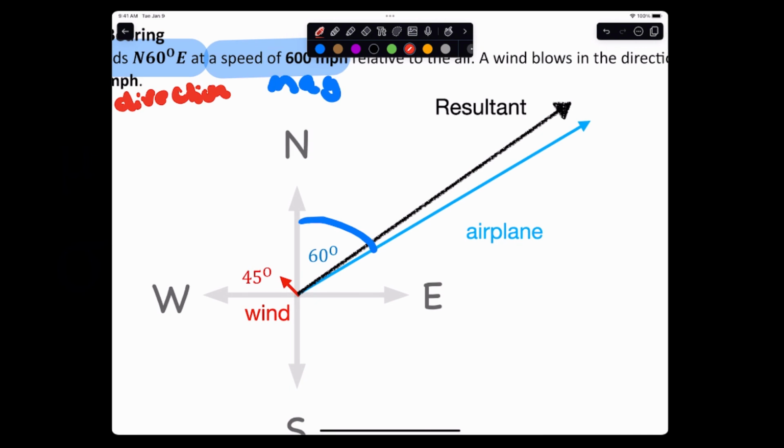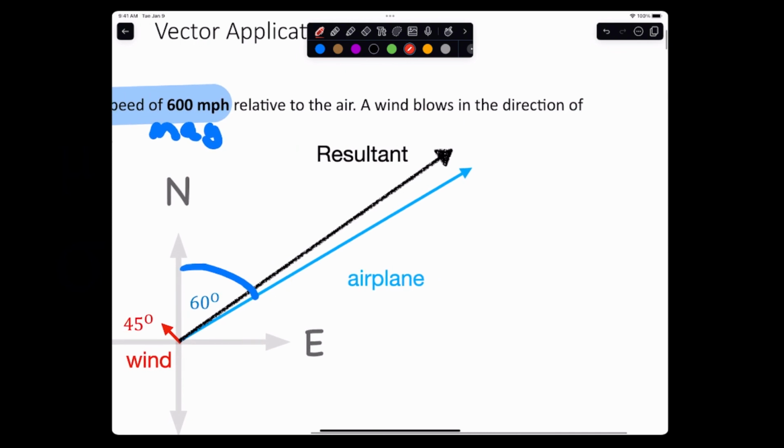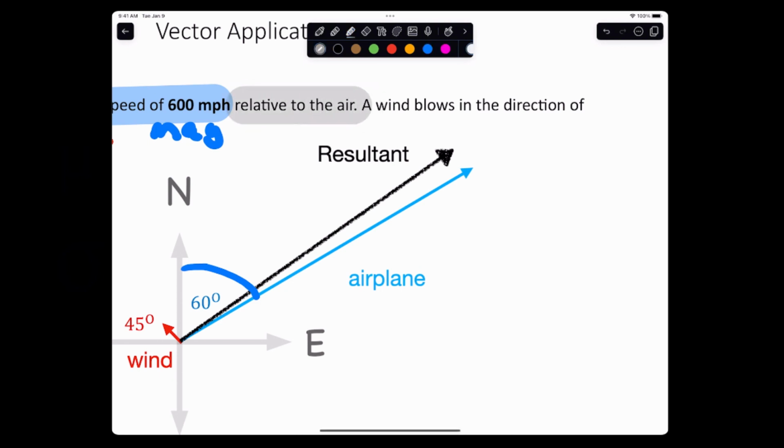Does that look kind of familiar? It should. That's our heading and bearing. And that's relative to the air. You say, what do you mean relative to the air? Well, that's just without wind. So when they say relative to the air, this is the heading and bearing without wind.